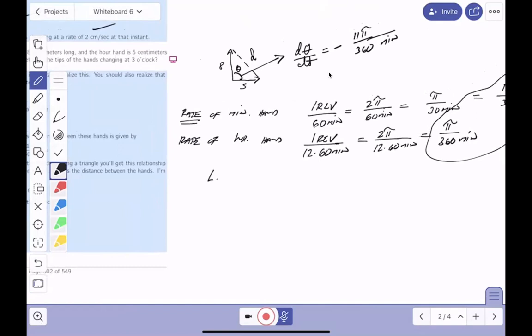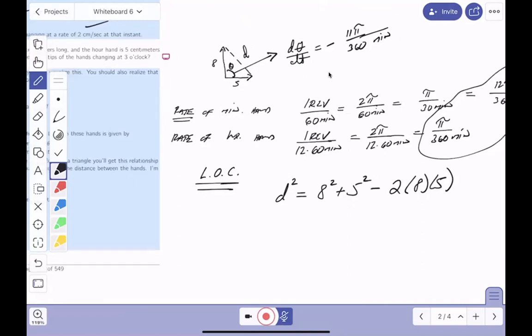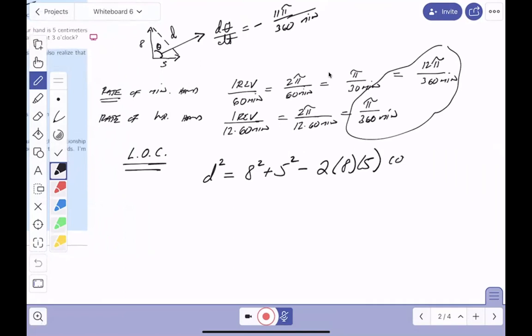Where did you learn about the law of cosines? In Math 120. Let's see if that works out. So d squared equals 8 squared plus 5 squared minus 2 times 8 times 5 cosine theta. Now I have my relationship between d and theta.